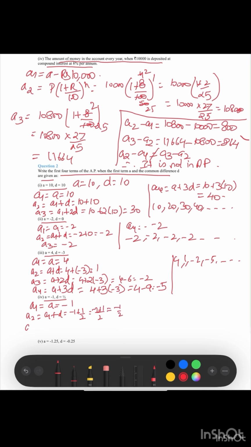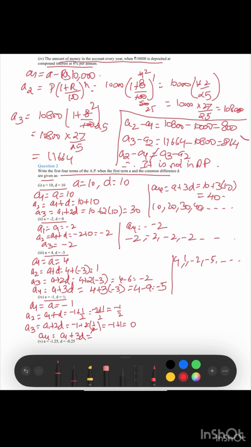My third term A3 is A plus 2D. So that will become minus 1 plus 2 into 1 by 2. Over here 2 and 2 will get cancelled. So I would be left with minus 1 plus 1, which is equal to 0. Fourth term A4 is A plus 3D.